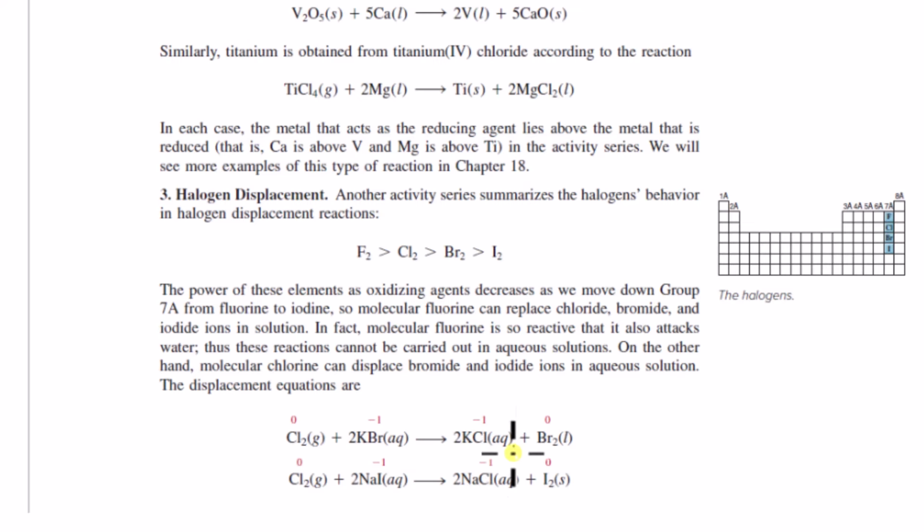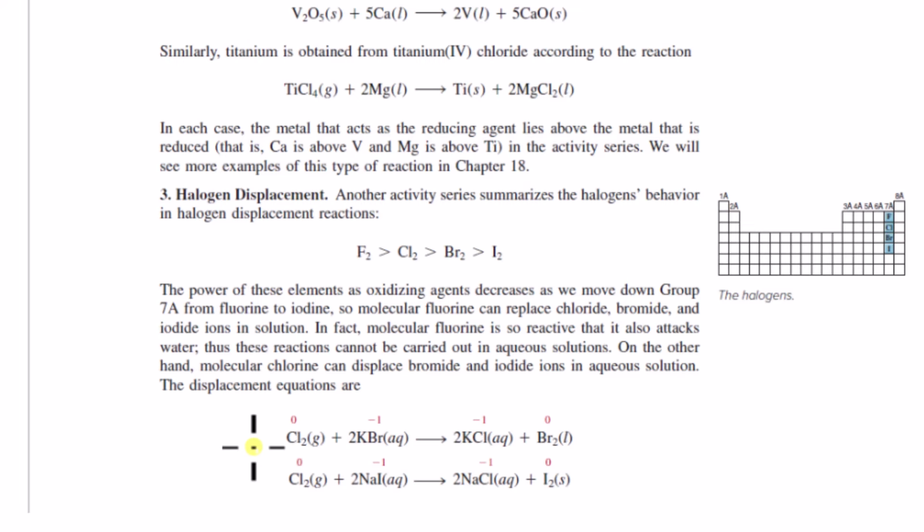It becomes a chloride. Okay, but now note how it says molecular fluorine is so reactive that it also attacks water. Thus, these reactions cannot be carried out in aqueous solutions. So you couldn't carry out a reaction like shown here in aqueous solution with chlorine using fluorine, because fluorine is so reactive, it's such a strong oxidizing agent, it will actually attack the water molecules themselves as well.